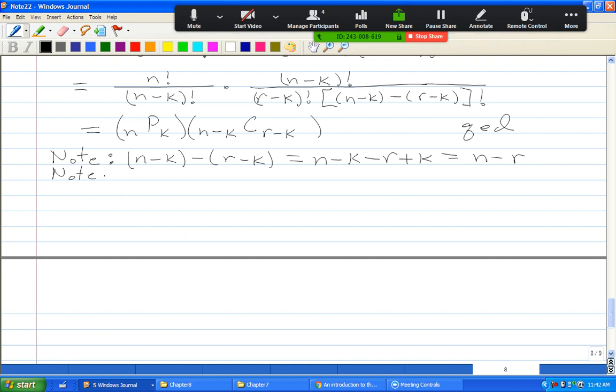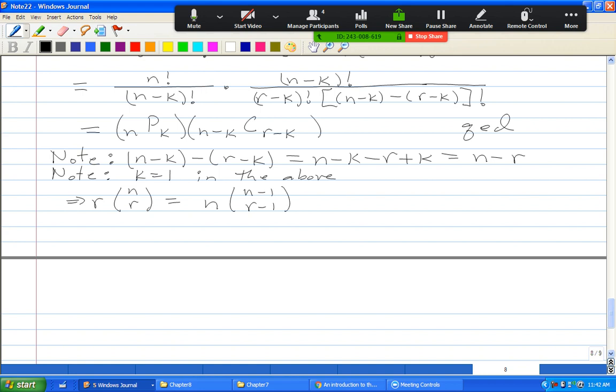If I wrote this for K equaling 1 in the above, it gives me R NCR is equal to N times N minus 1 C R minus 1.